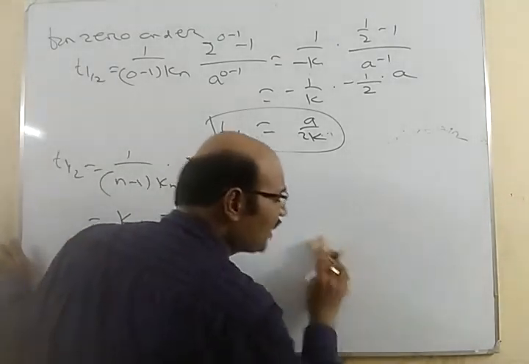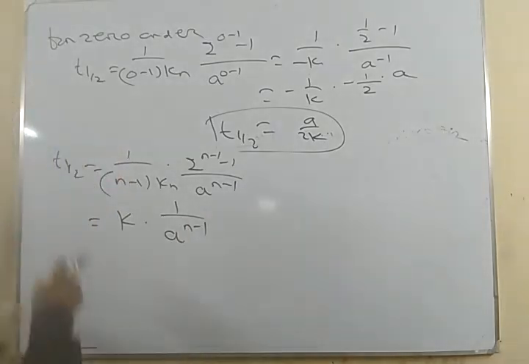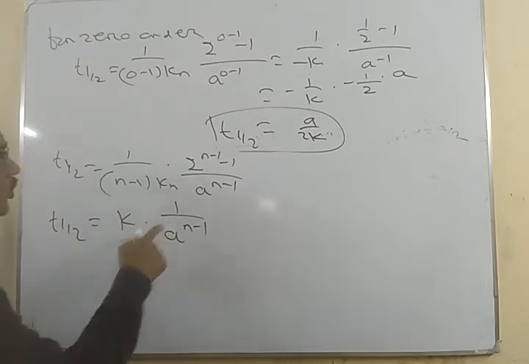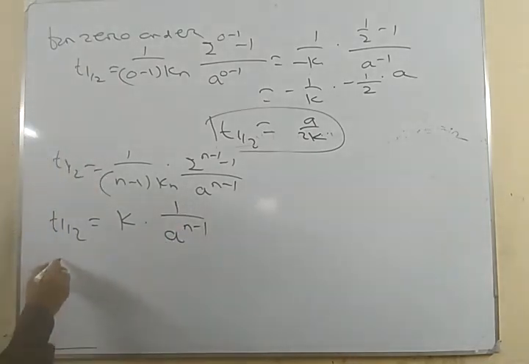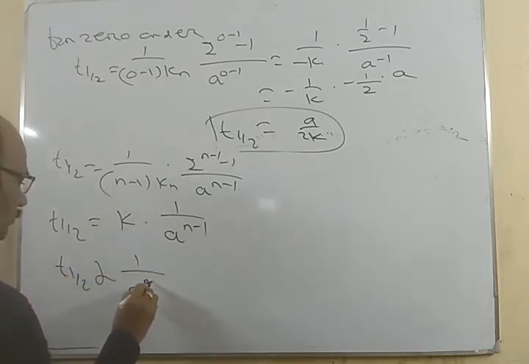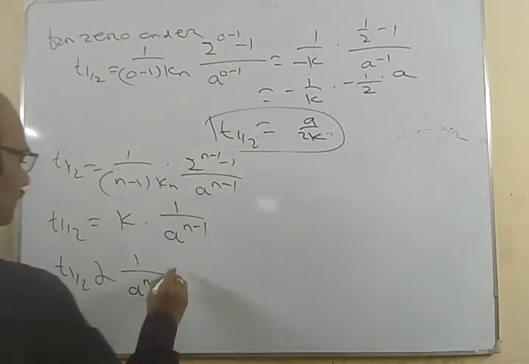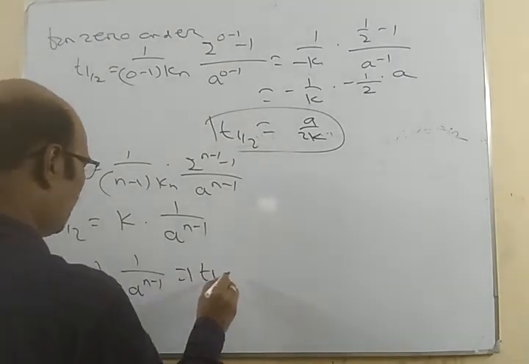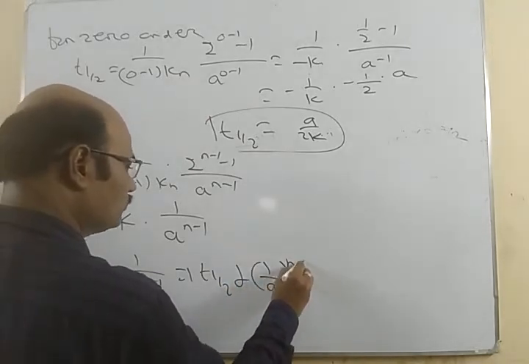So for reactions of any order except 1, T half is proportional to 1 by a power n minus 1.